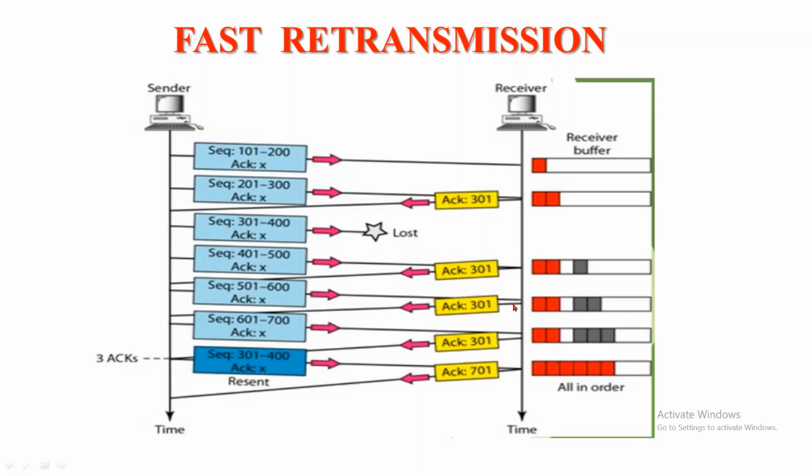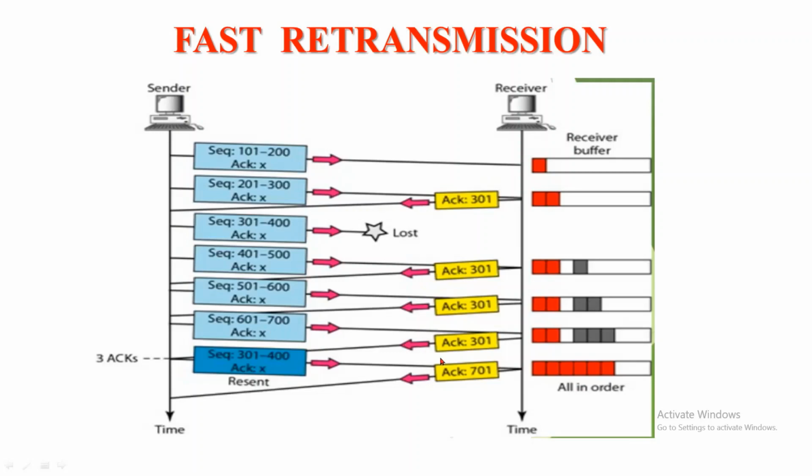Once it receives 3 duplicate acknowledgements, it understands that the segment with the sequence number 301 has not yet been received by the receiver, and it resends only that segment with the sequence numbers 301 to 400. It will not resend the 401, 501 or 601 numbered segments.